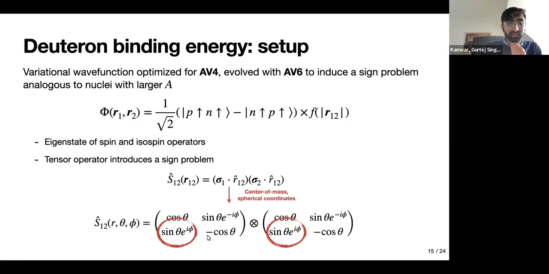Also there's maybe a sign problem from this minus sign in the down to down. But mainly the point is we start with the two nucleons spin up, and as we flip to spin down, we pick up some phase that's coordinate dependent. As it flips back and forth between spin up and down, we keep picking up these phases. Of course, that's necessary to capture the physics, but in the long run, this produces some kind of sign problem.